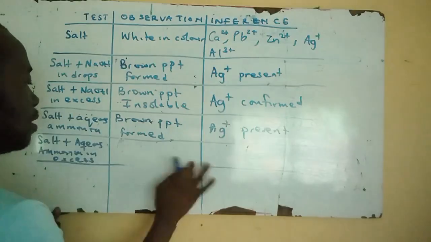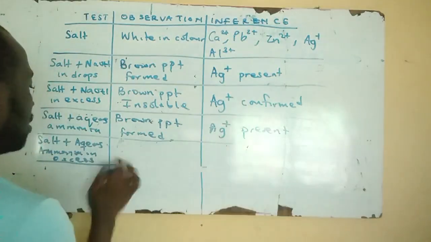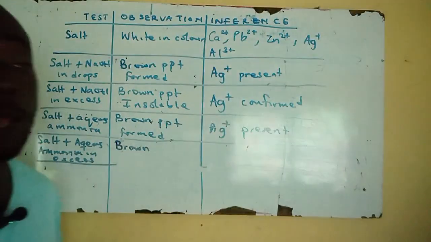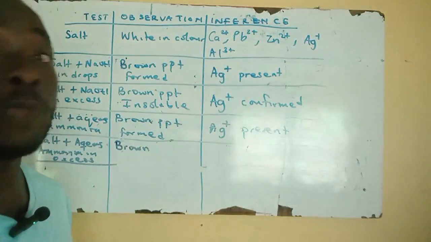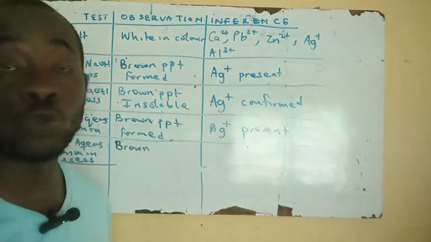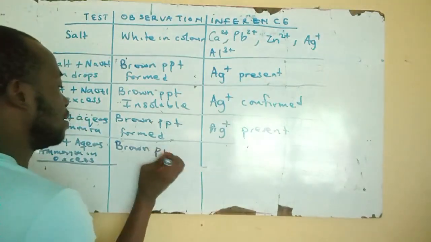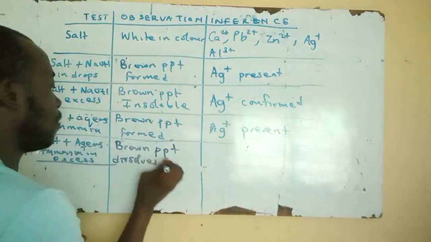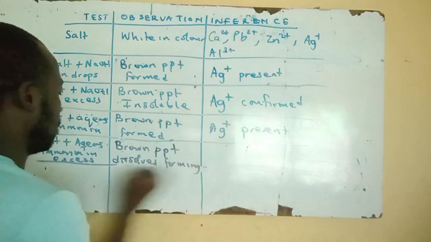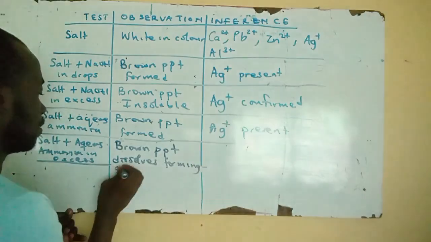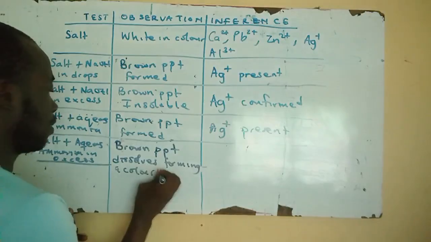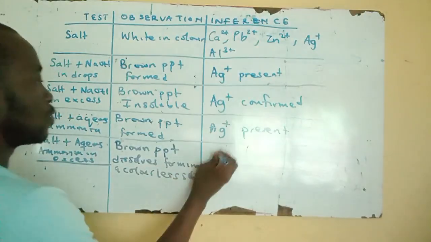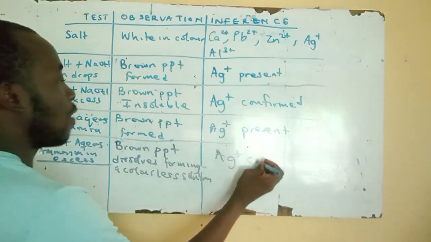What is going to happen there is that the brown precipitate that is formed is going to disappear and form a colorless soluble solution. So brown PPT dissolves, forming a colorless solution. Now this one, Ag+ confirmed.